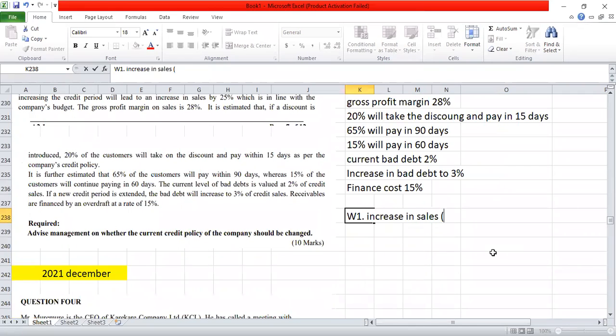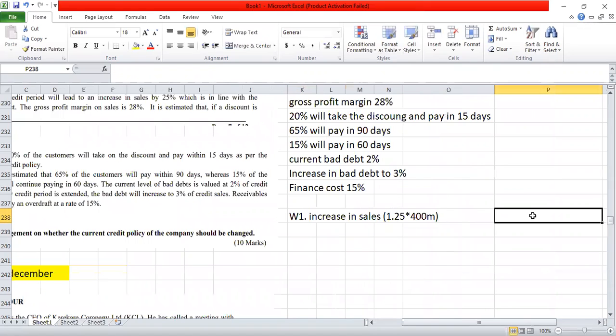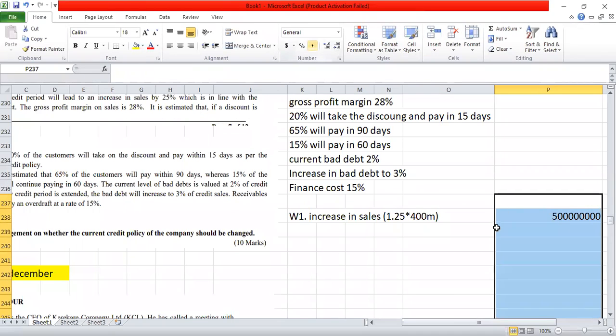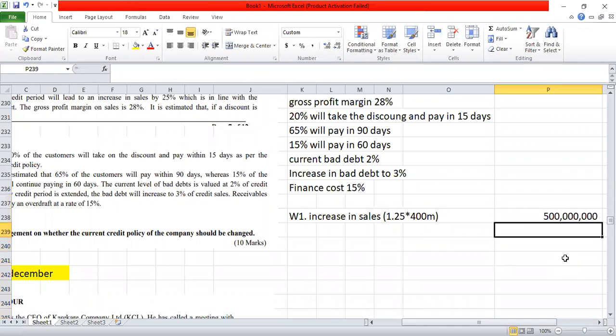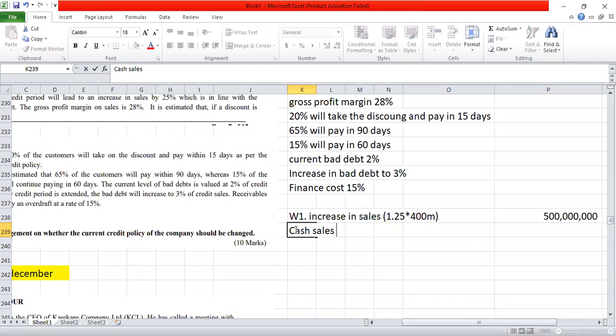So our sales will be 1.25 times the 400 million, which we have as the current sales. Of these sales, 10% will be cash sales.